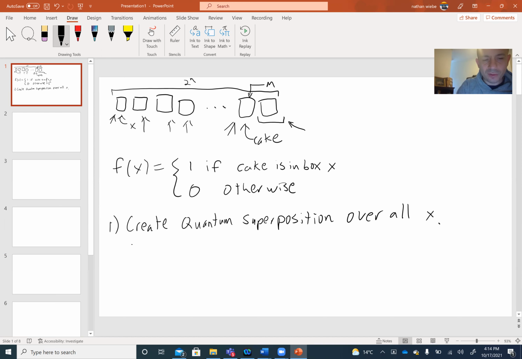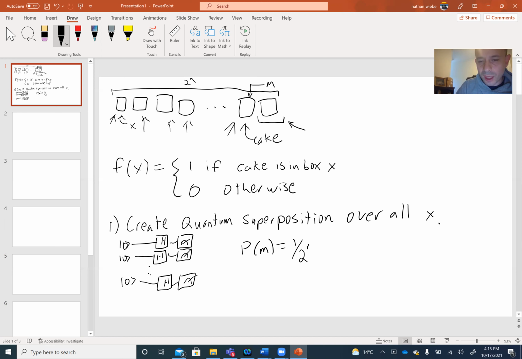The way you would do this, for example, is you could just apply Hadamards to a bunch of zeros going in. And then we would just measure all of them. And the probability of getting the marked state in this case, if you got a uniform superposition, is just 1 over 2 to the n.